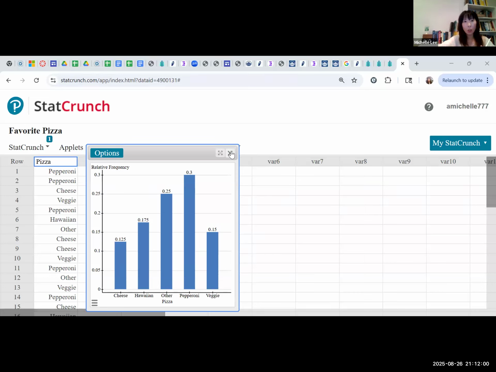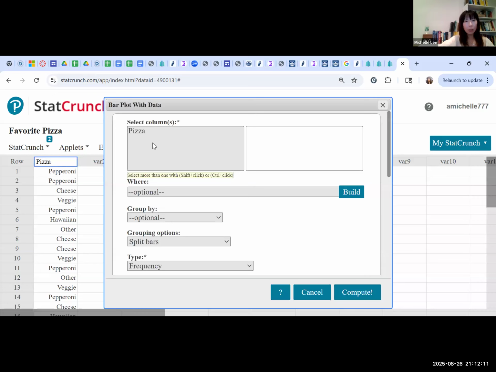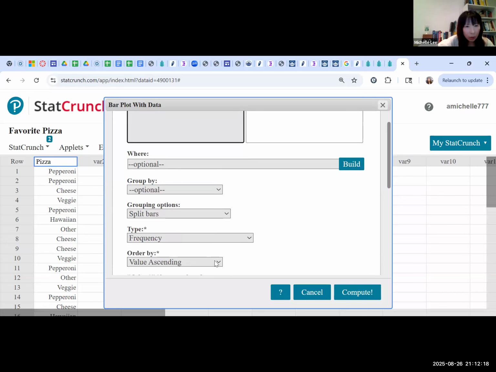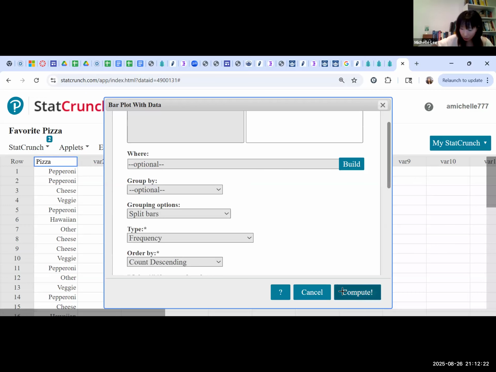Now, Pareto chart. So go to Graph, Bar Plot means the bar graph with data. Click that and select the column and then count descending order, right? So count descending order and compute.